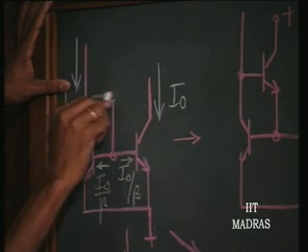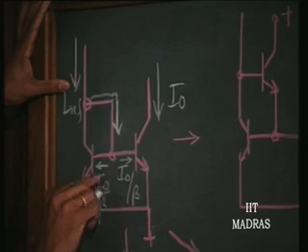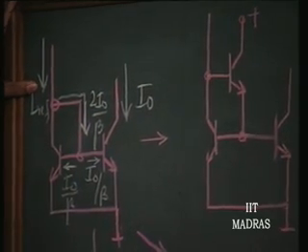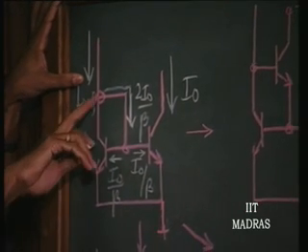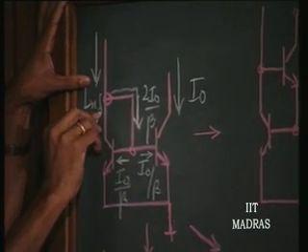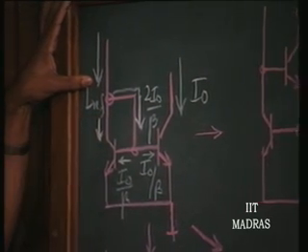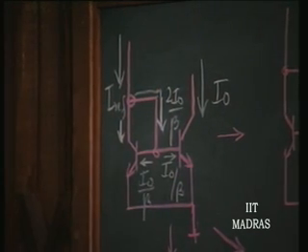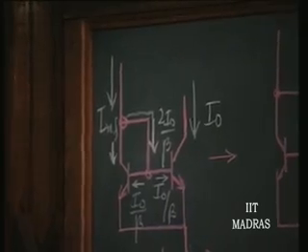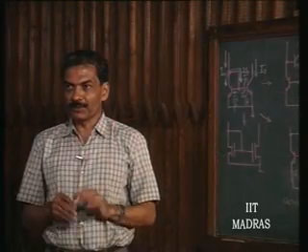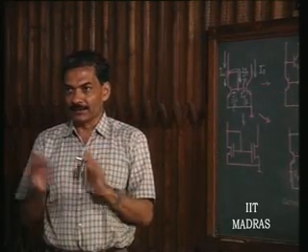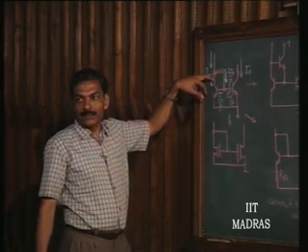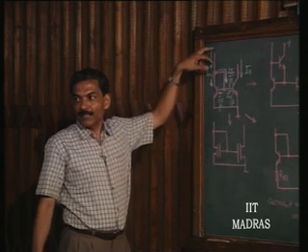That means this reference has to supply these base currents, which is twice I naught by beta. So that has to come out of I reference, then only the collector current is going to be supplied. All the collector currents are exactly identical, that is assured, there is no doubt about it, because all the transistors are identical. But our attempt is to make this collector current as nearly the same as I reference.